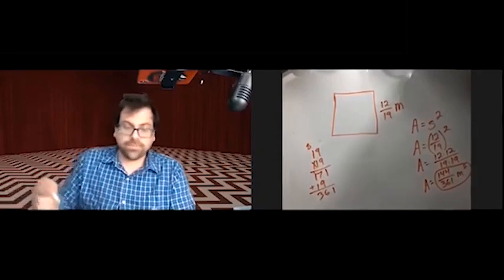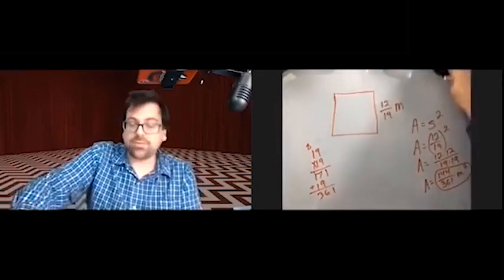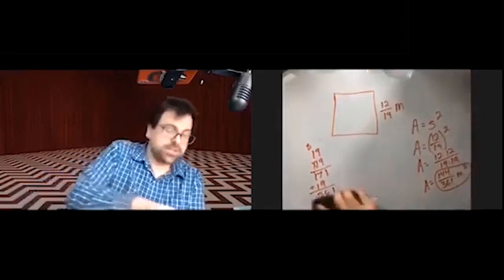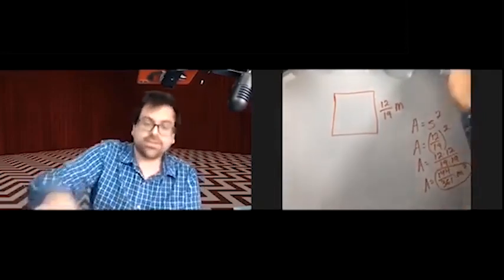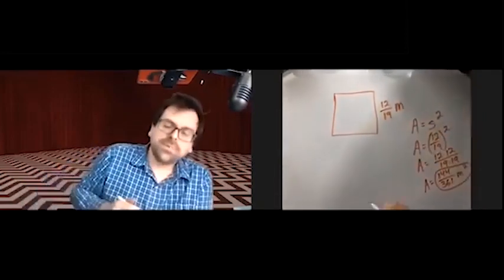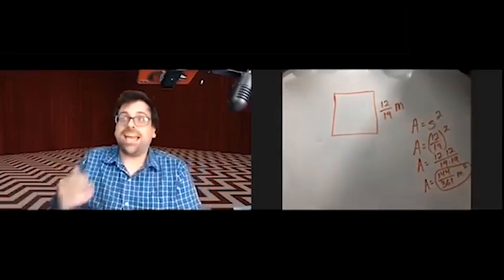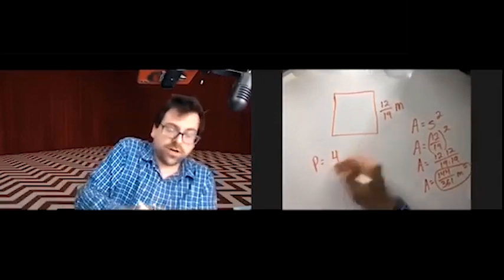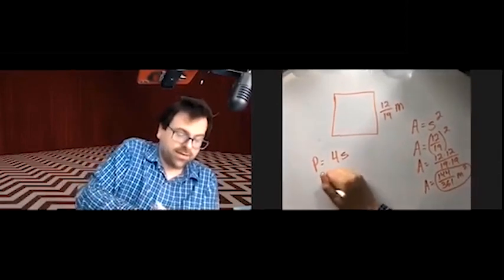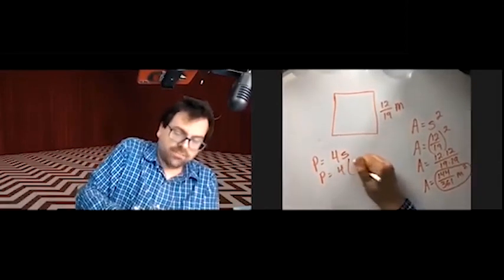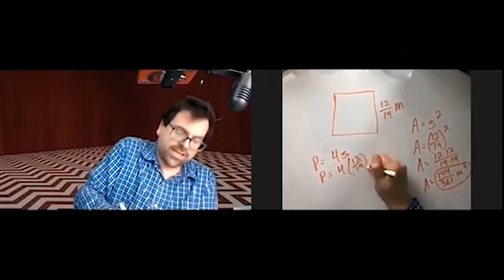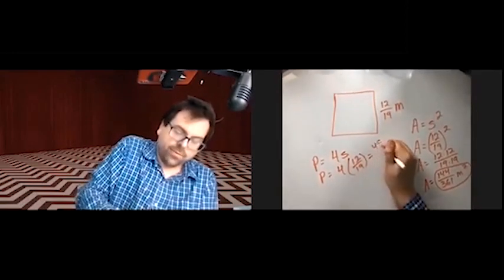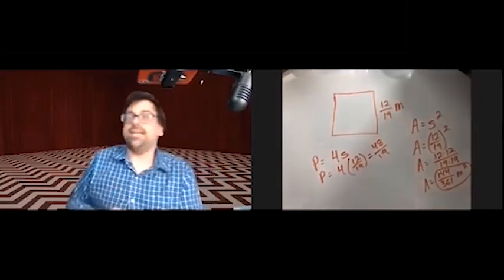For the perimeter, you could add up all the sides, 12/19 plus 12/19 plus 12/19 plus 12/19. Or since you're adding 4 times, that's the same as perimeter of a square being 4 times the side. 4 times 12/19 is 48/19.